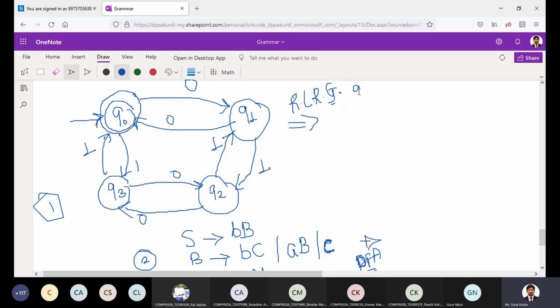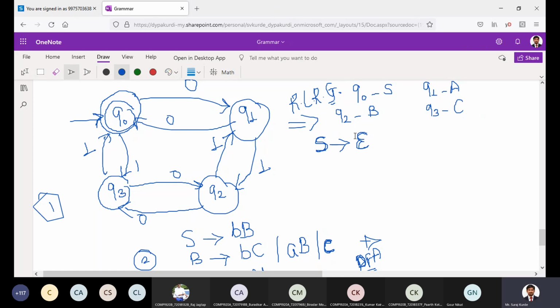So Q naught is S, Q1 is A, Q2 is B, Q3 is capital C. If Q naught belongs to the set of final states, then add the transition S produces epsilon. Add this transition or production rule.